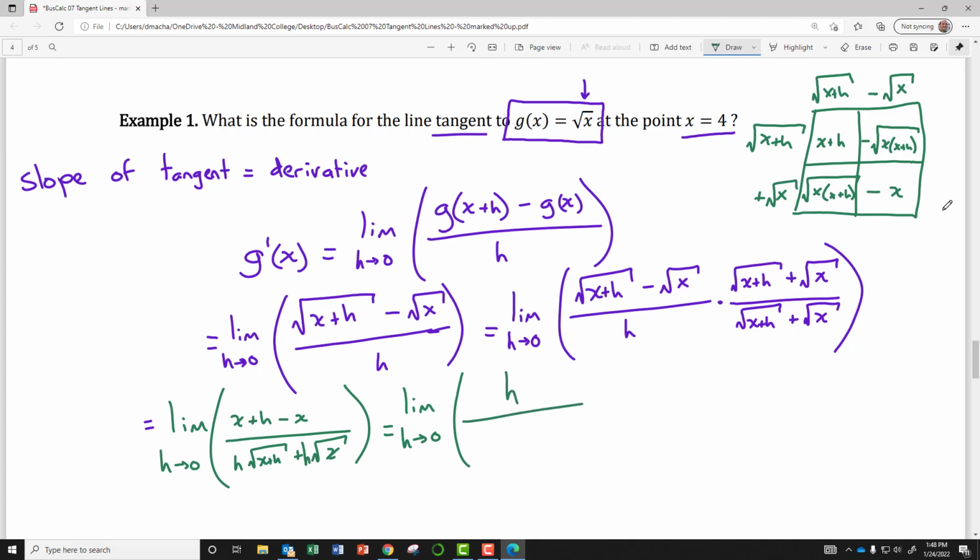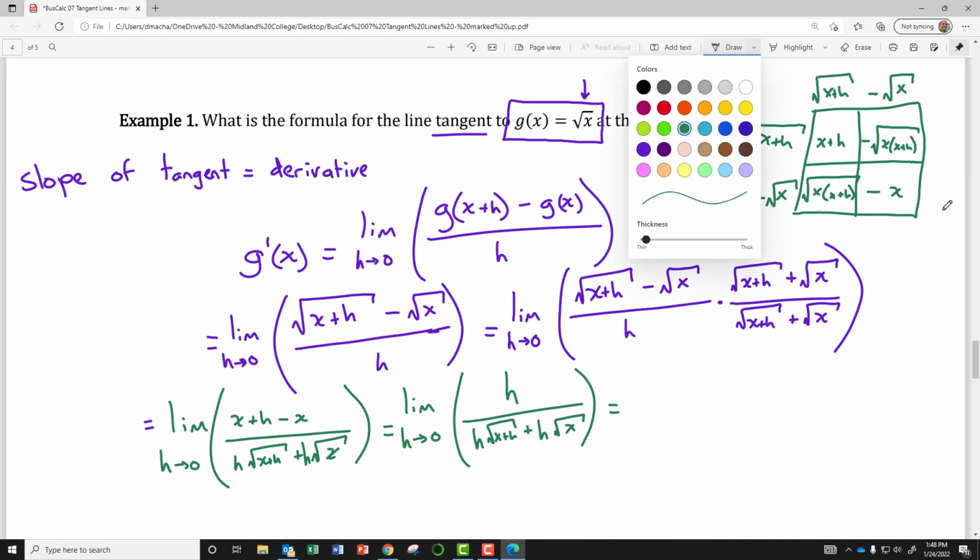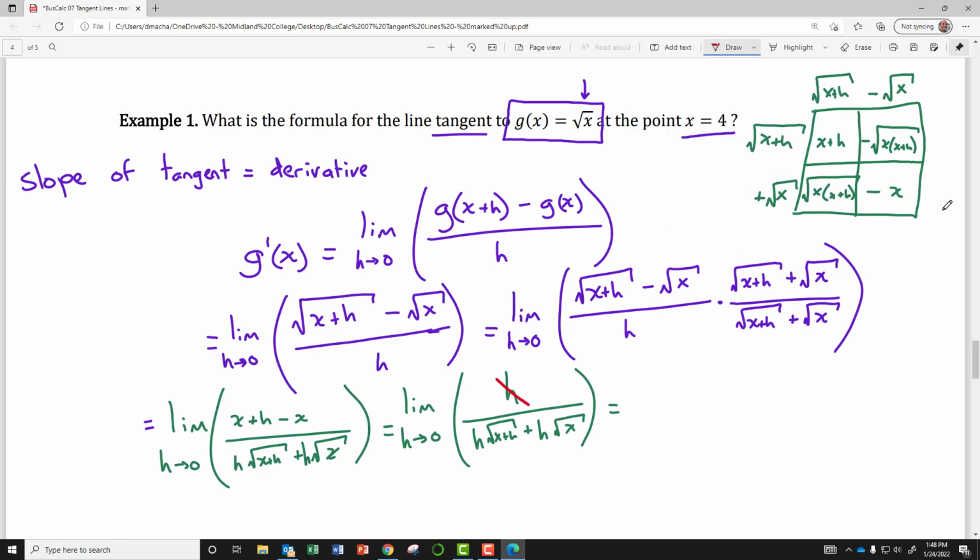And then in the denominator, we're still going to have h times square root x plus h plus h times square root x. Now, you'll notice that I have a factor of h in the numerator and a factor of h in both of the terms in the denominator. So actually, if I divide the top and bottom by h, I can cancel those out.